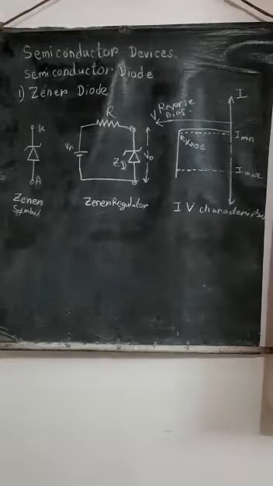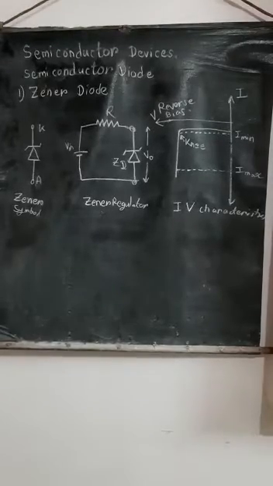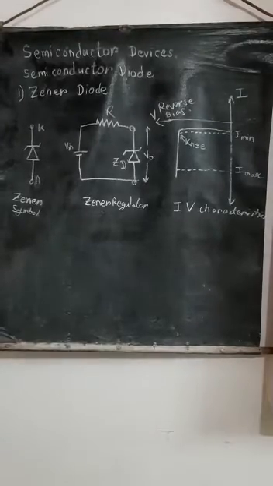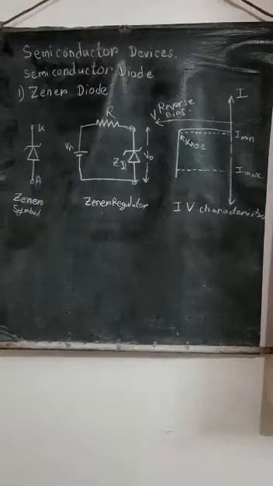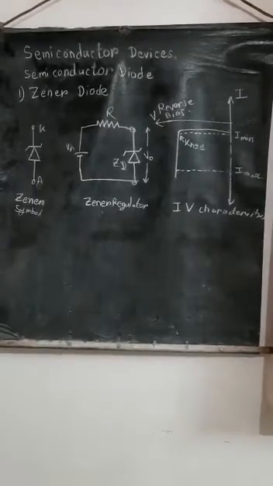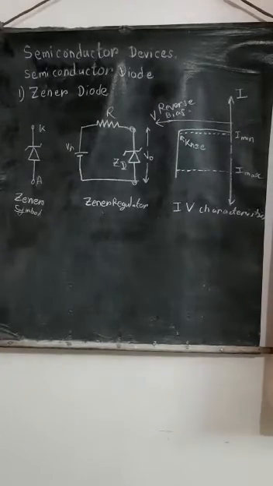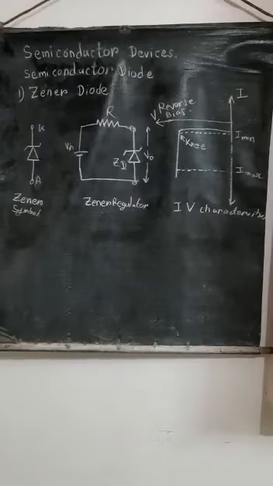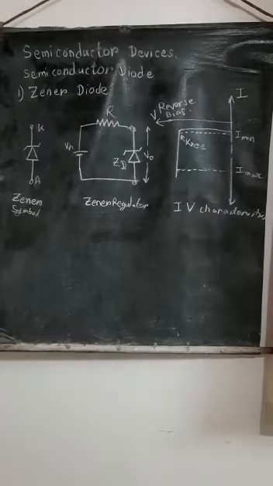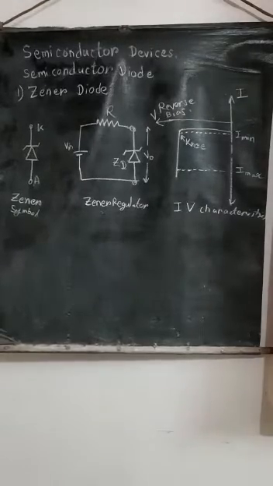Zener diode is designed to give a stable voltage and it is operated in reverse bias only. Means we have to operate this Zener diode in reverse bias only. We operate ordinary diodes in forward bias, but the Zener diode we have to operate in reverse bias only.